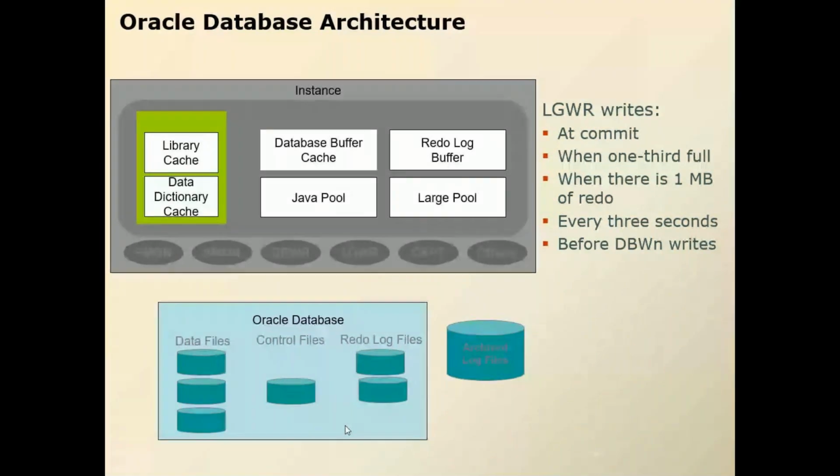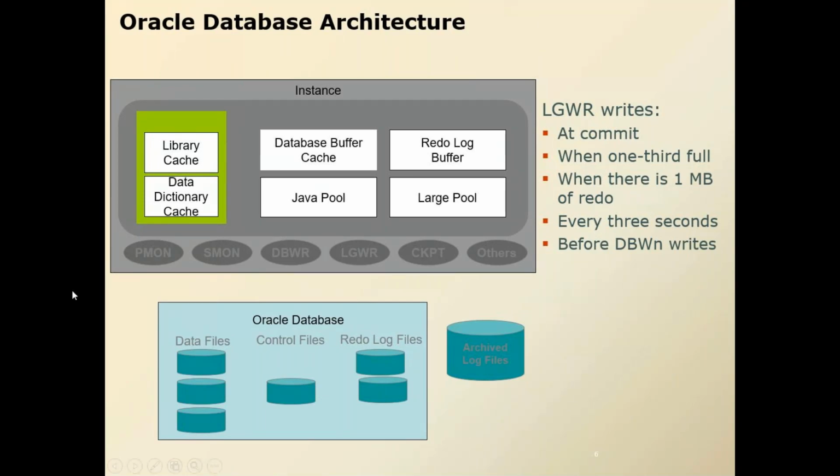Oracle database architecture is divided into two parts: instance and Oracle database. The instance is again divided into two parts: memory components and background processes. Memory components include the shared pool, which has the library cache and data dictionary cache, then database buffer cache, Java pool, redo log buffer, large pool, to name a few.